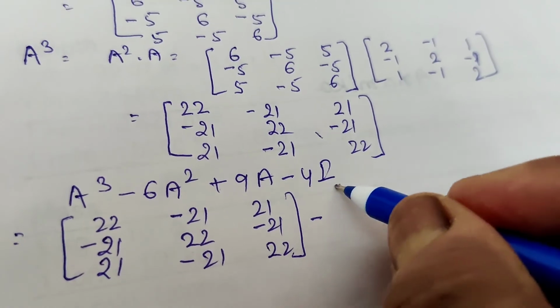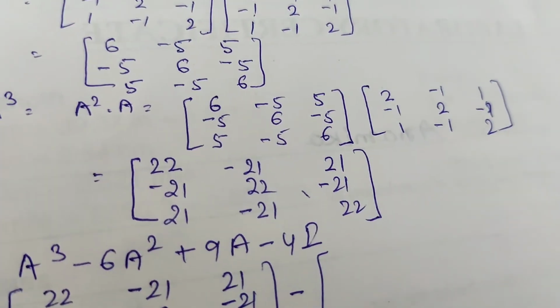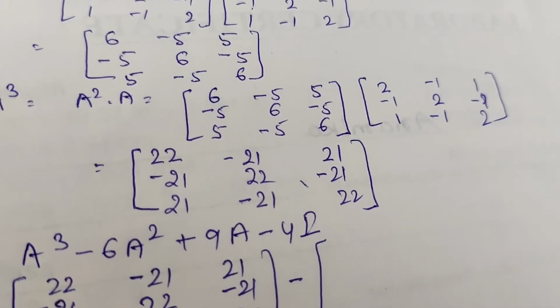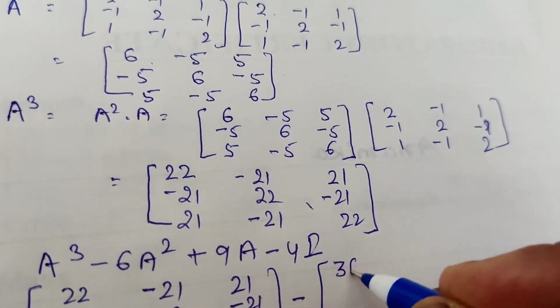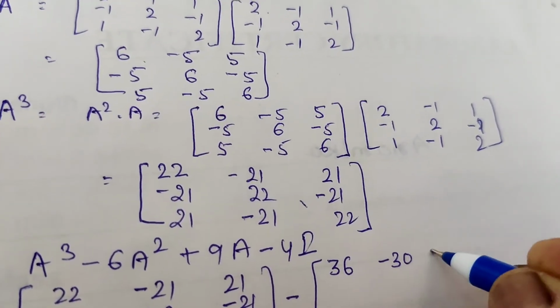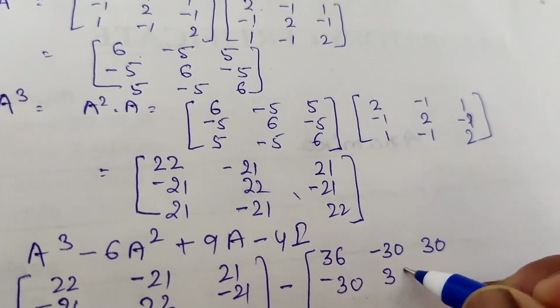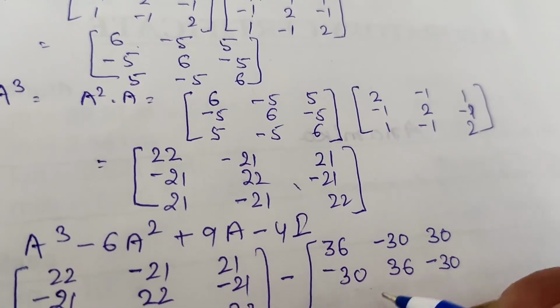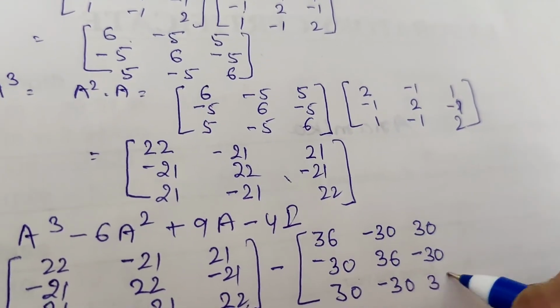Minus 6A square: 6 multiplied in each group. It will be 6 into 6, 36, minus 30, 30, minus 30, 36, minus 30, 30, minus 30 and 36.